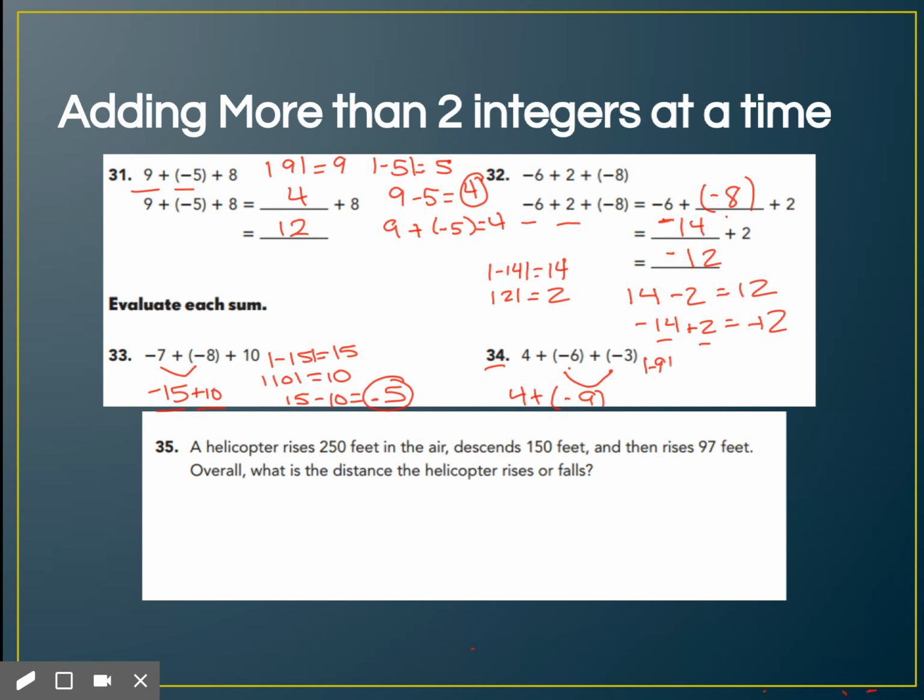The absolute value of negative 9 is 9. The absolute value of 4 is 4. 9 minus 4 equals 5. In my original problem of 4 plus a negative 9, my negative has a larger value. So my final answer is again negative 5.